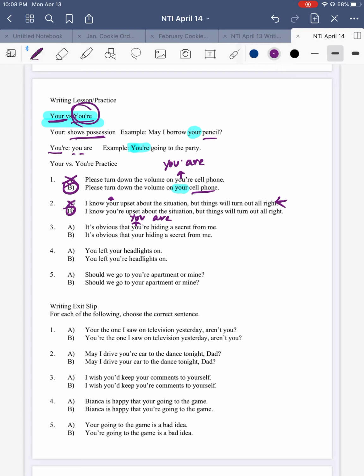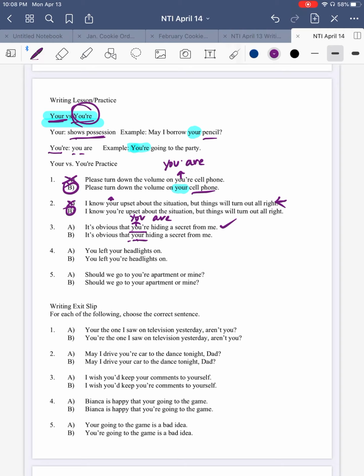Looking at part B, "It's obvious that your hiding a secret." If we replace the contraction with the two words that make it up, "it's obvious that you are hiding a secret from me," that makes sense.